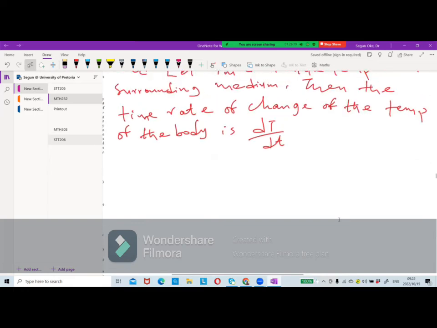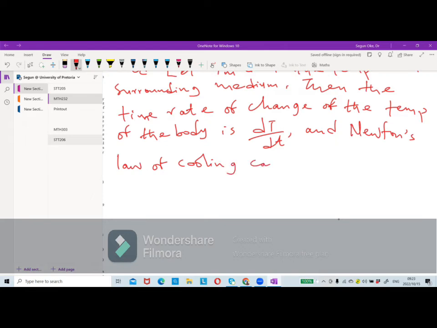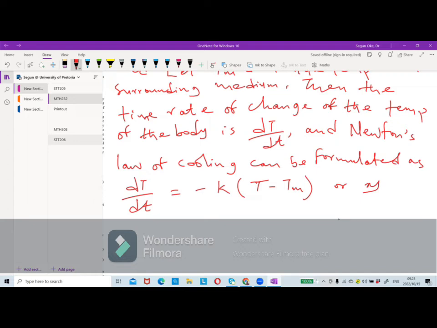Then we can now formulate this particular law. Newton's law of cooling can be formulated as dT/dt equals minus k times (T minus Tm), that is body temperature minus medium, or some people put it as dT/dt plus kT equals kTm.